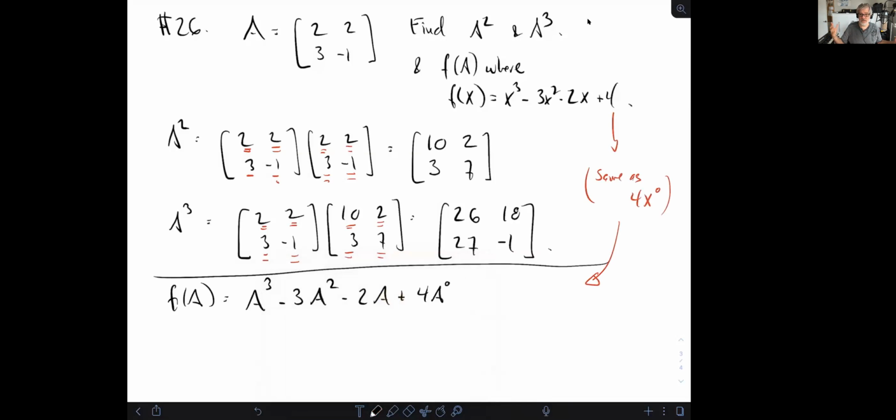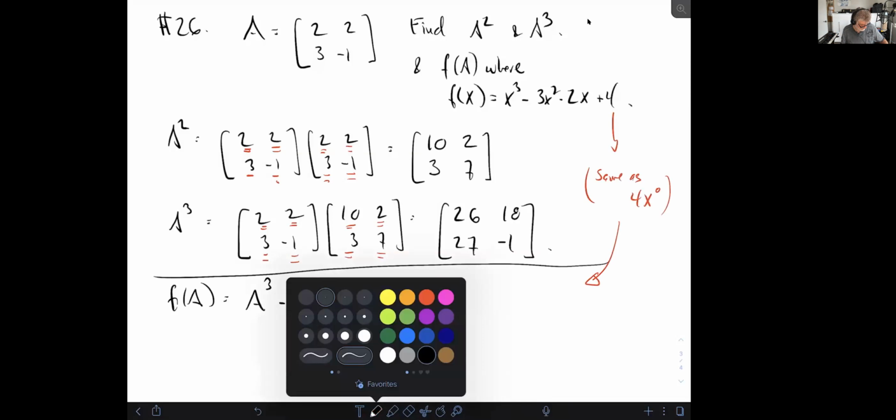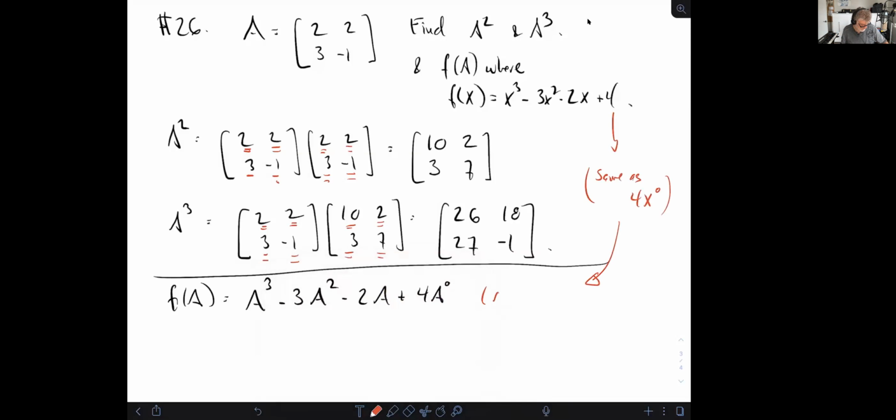But for matrices, this is the identity matrix, right? So recall, A power 0 is the identity. Okay, so that's the only catch. So if you're trying to wing this, that's where you're going to mess up.